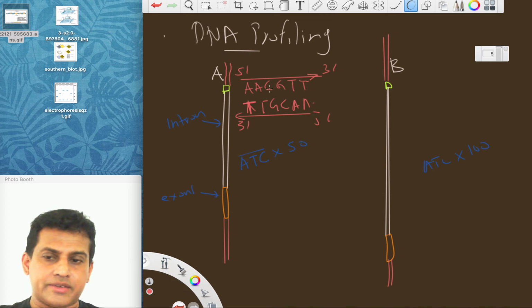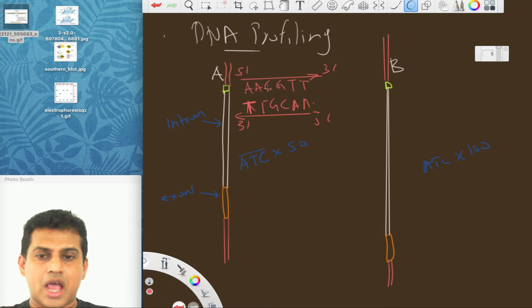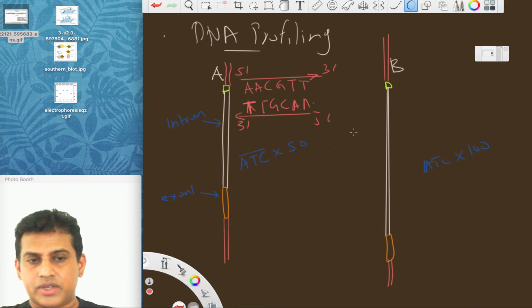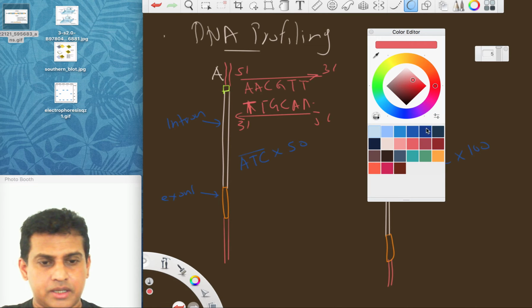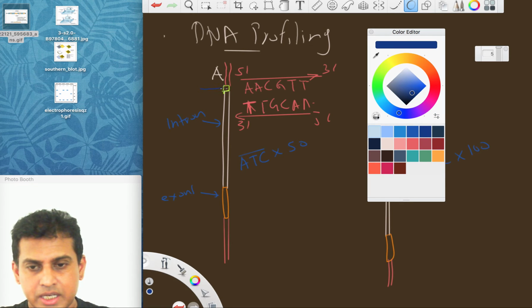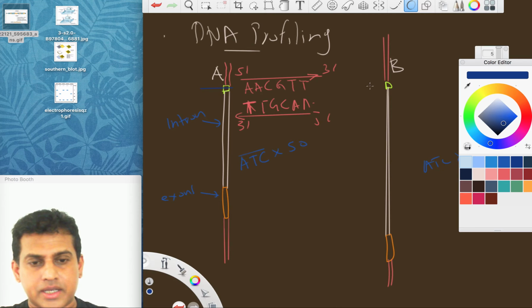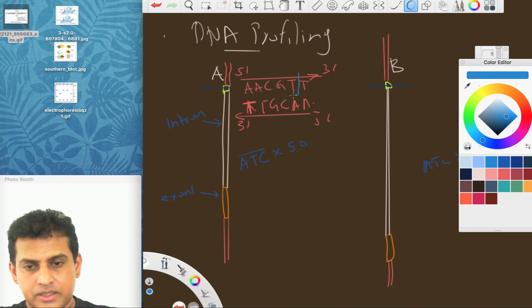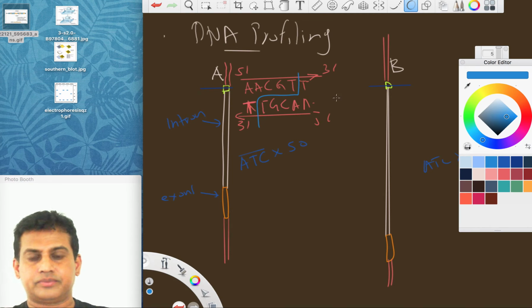So when you add restriction endonucleases to isolated DNA, what happens next is they cut this DNA here, and they cut the DNA here. When they cut this DNA, it separates these two ends, and these sites are open.